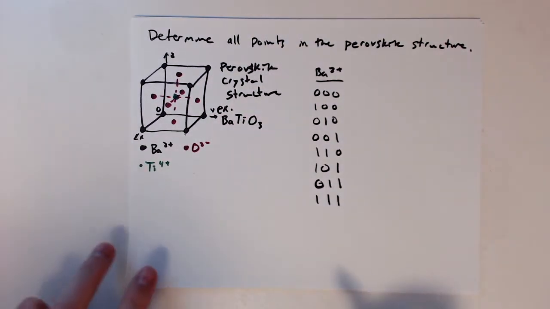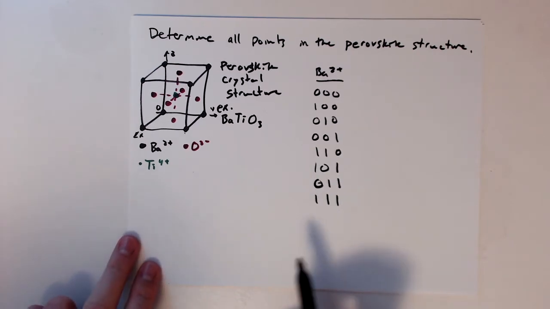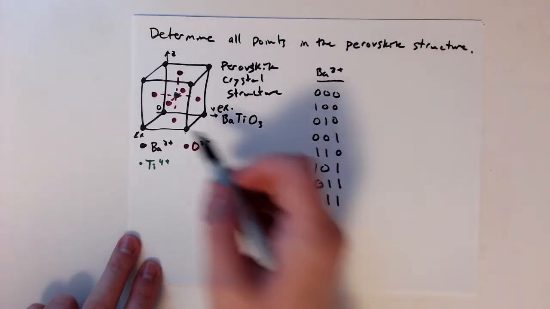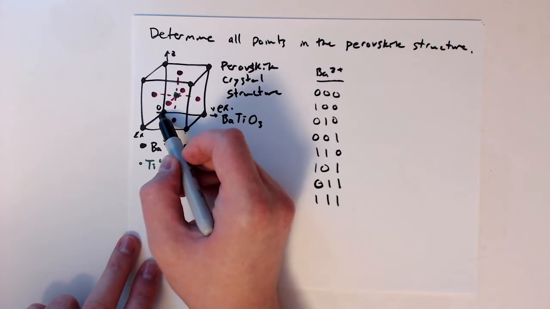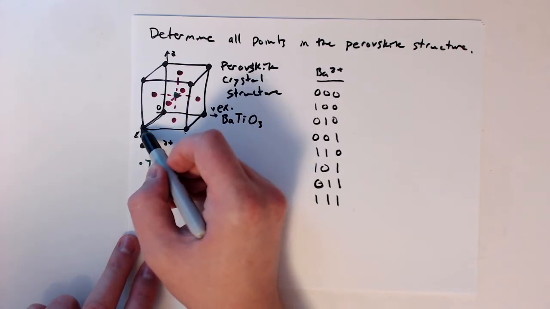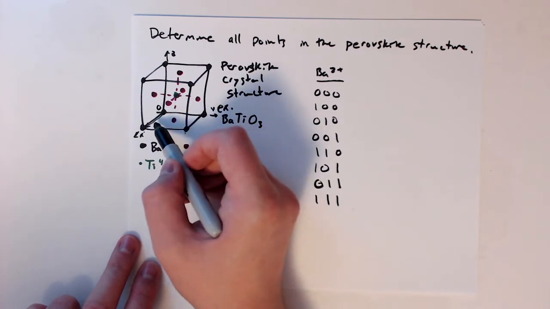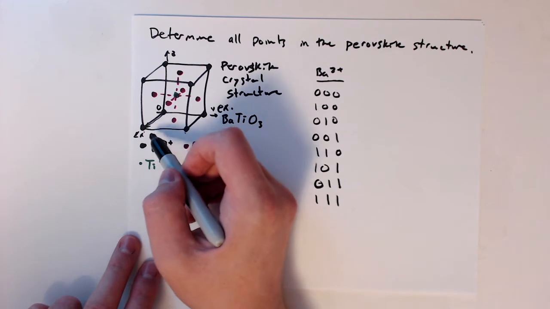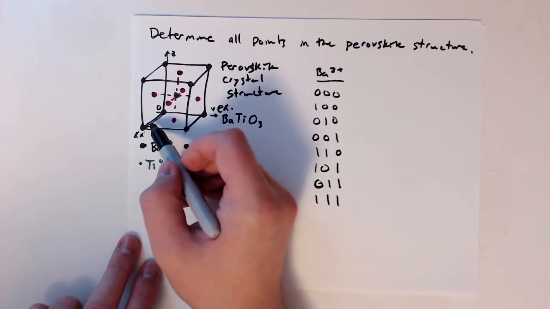Again, if you're struggling with how I'm getting this, we're designating an origin, and then we're drawing a vector from the origin to the point. If this is our point, then we're looking at the indices of x, y, and z, or a, b, and c, in relation to that line.